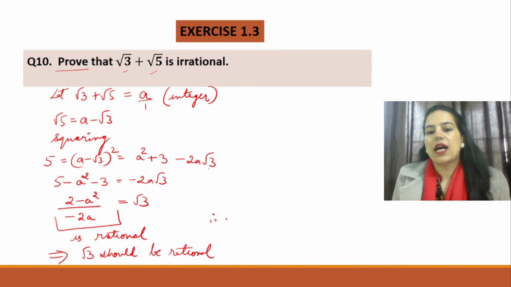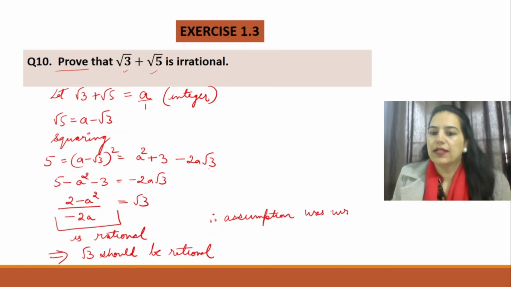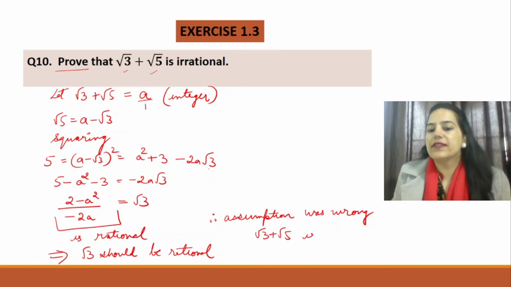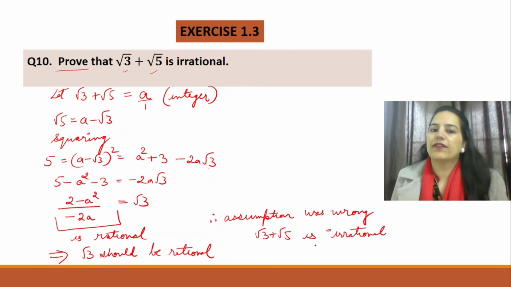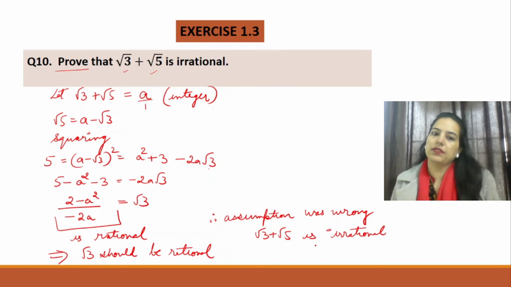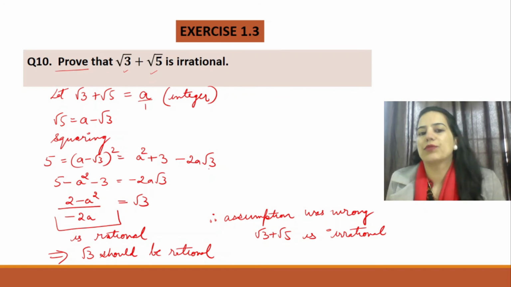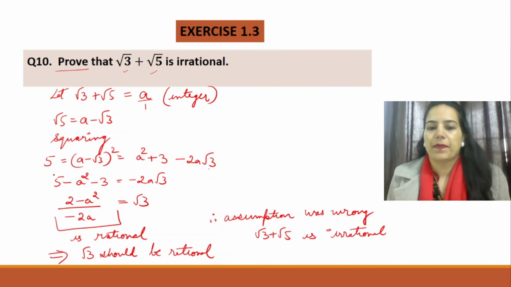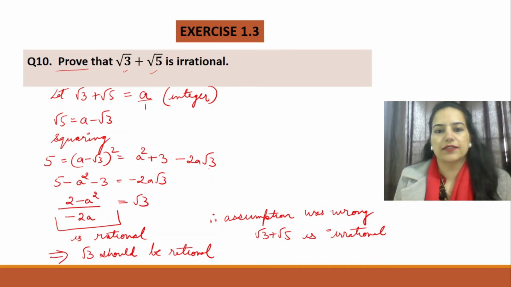Therefore, our assumption was wrong, and root 3 plus root 5 is irrational. Whenever there is a sum of two irrational numbers, you always transpose one of them to the other side and square both sides so that you get rid of one of them, right? And the other can be proved equal to a rational number and contradiction occurs.